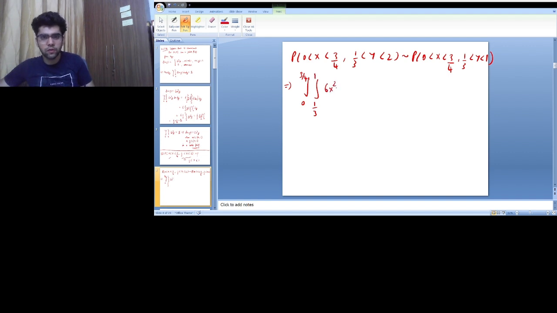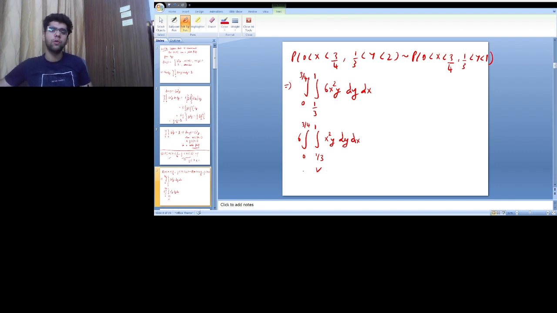So this is 6x square y dy, because 1 by 3 to 1 is the limit of y, so dy comes first and then dx. I can just take out 6, and I'm left with the integral of x square y dy dx, right? Now this first integral is of y, so in this integral I can treat x square as a constant, so I'll be taking out x square.